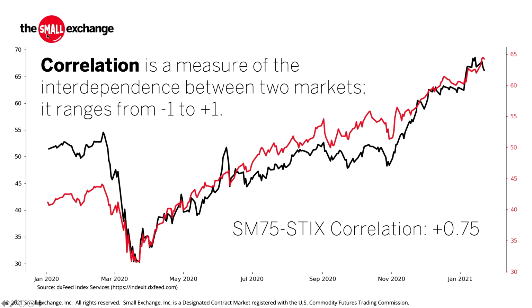Like you wouldn't pairs trade the cost of fuel against the price of an apple, per se, or something that at face value doesn't have any relationship there. And you can see the SM75 sticks, our example for today, has a positive correlation of 0.75.